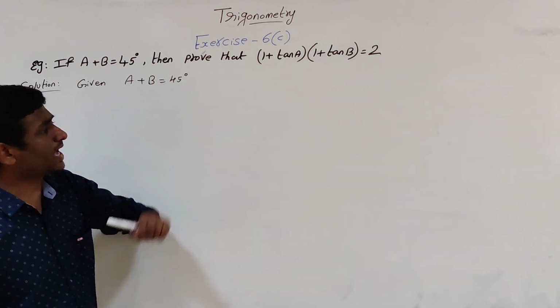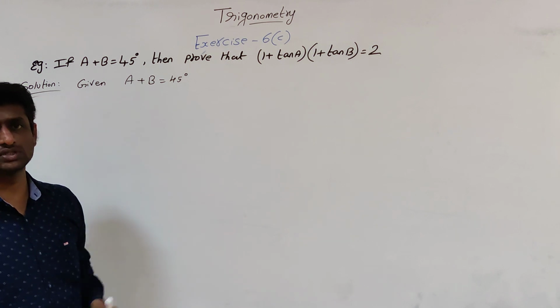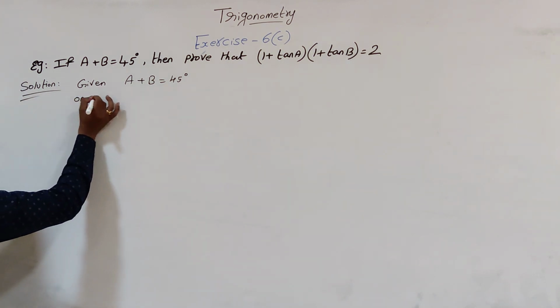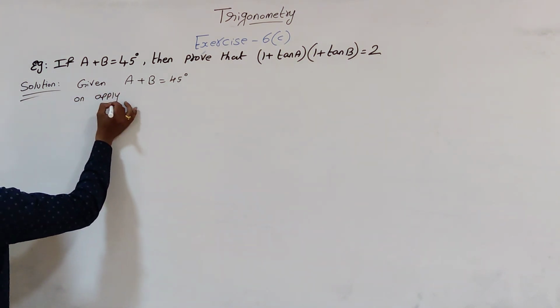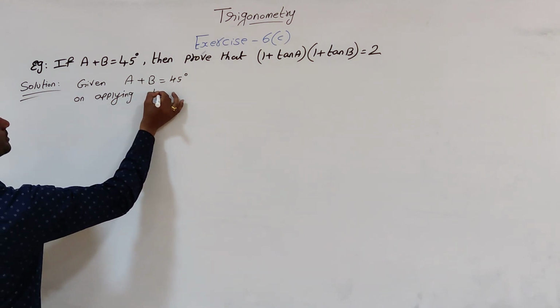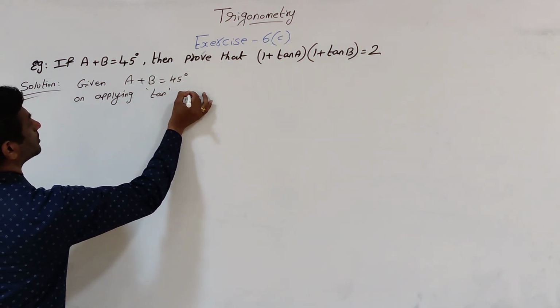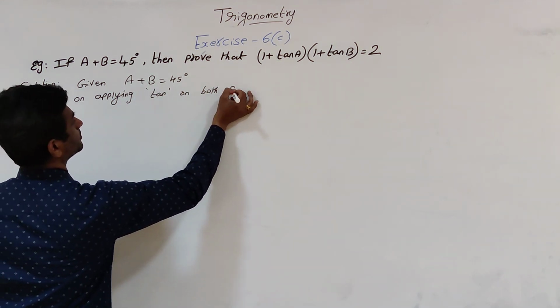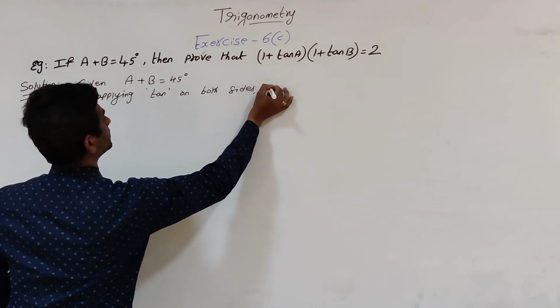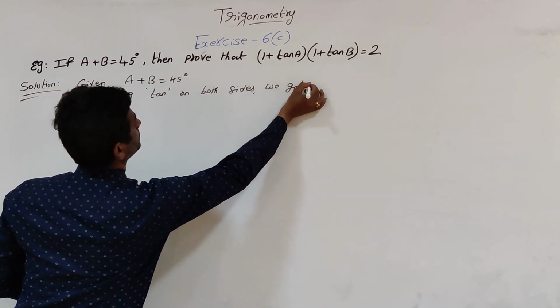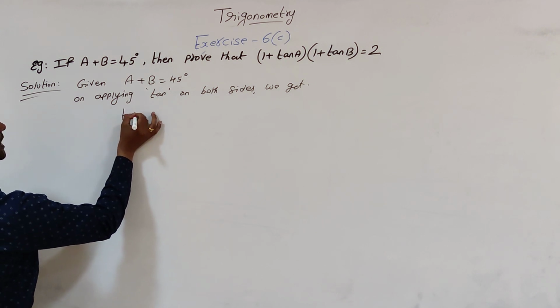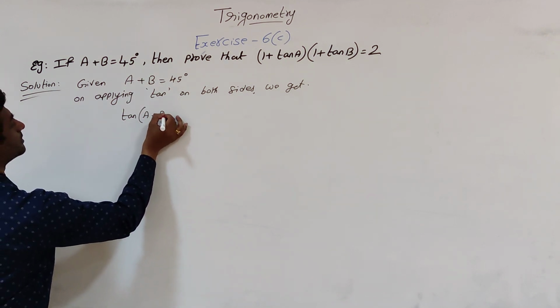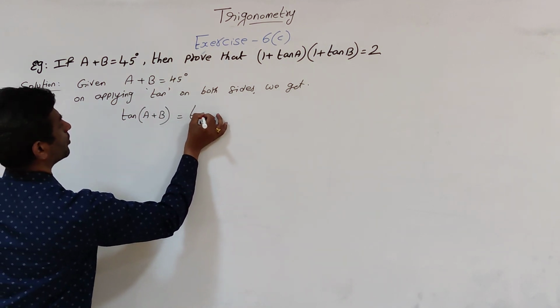As it is in tan, so apply tan on both sides. Applying tan on both sides, we get tan of A plus B is equal to tan 45.